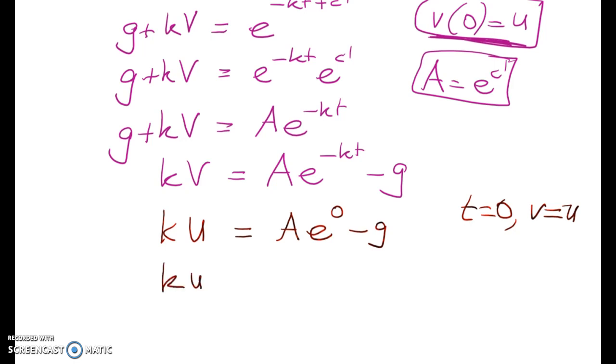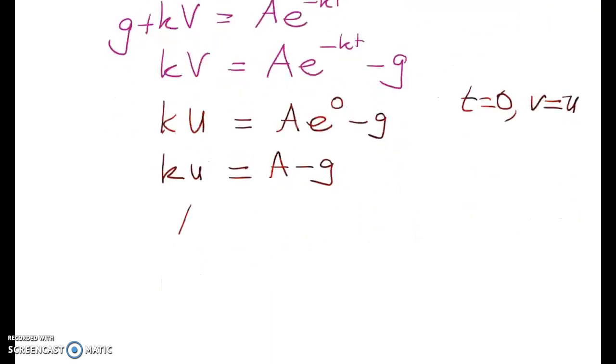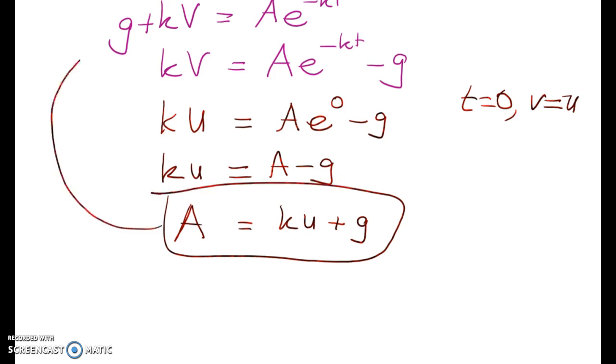Right, so ku equals A minus g. And as usual, we're trying to get an expression for A in terms of the real stuff in the equation, so ku plus g. Now I can take this and I'm going to substitute it back into here.